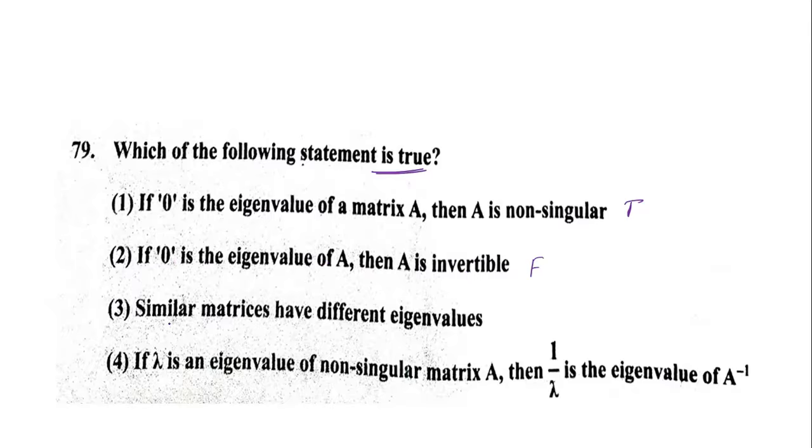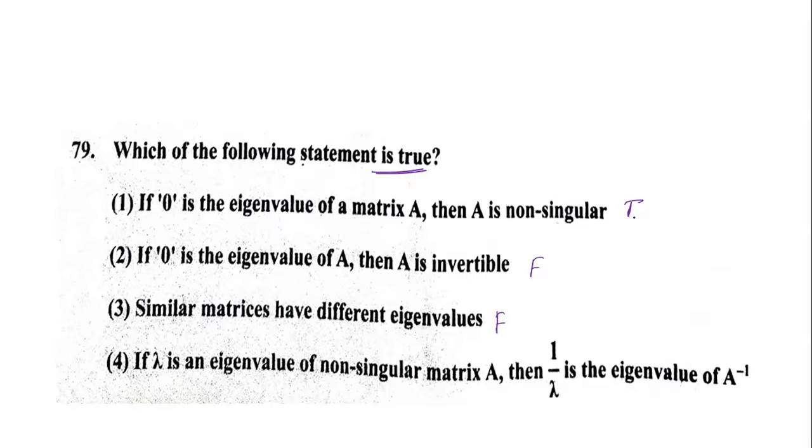Similar matrices have different eigenvalues. This is false. Similar matrices have the same eigenvalues. If 0 is an eigenvalue of a matrix, then A is non-singular. They gave non-singular.